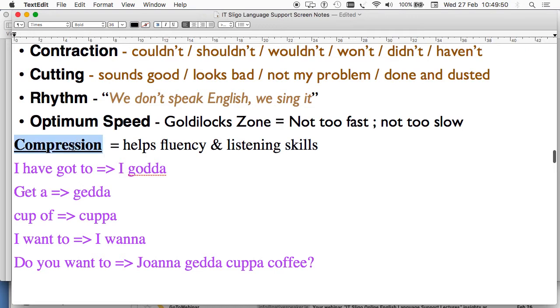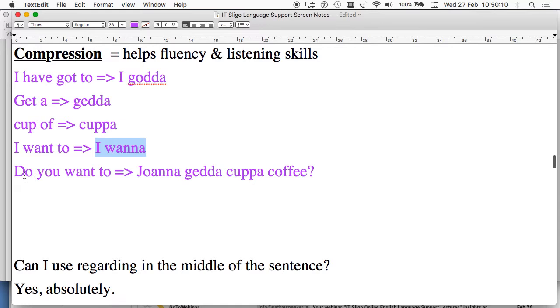And compression is a big part of that. So when we compress I have got to, we compress it down to I gotta. If we compress it down to get a, we say getta. So cup of, cuppa. So for example, I gotta get a cup of coffee. All right. I want to compresses into I wanna. And if you want to say do you want to, people often say Joanna, like the girl's name. So Joanna get a cup of coffee. That's often how people will say things. So in compression, compression can be understood.